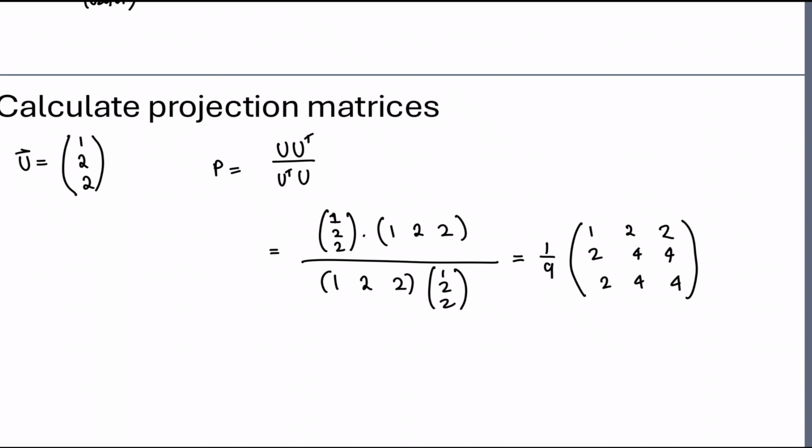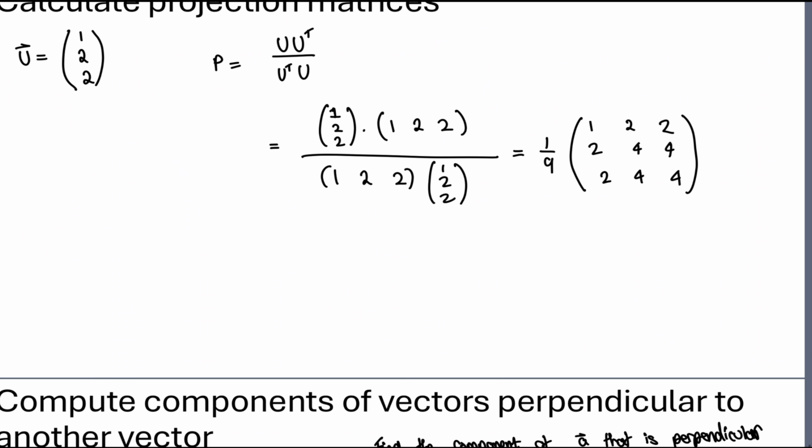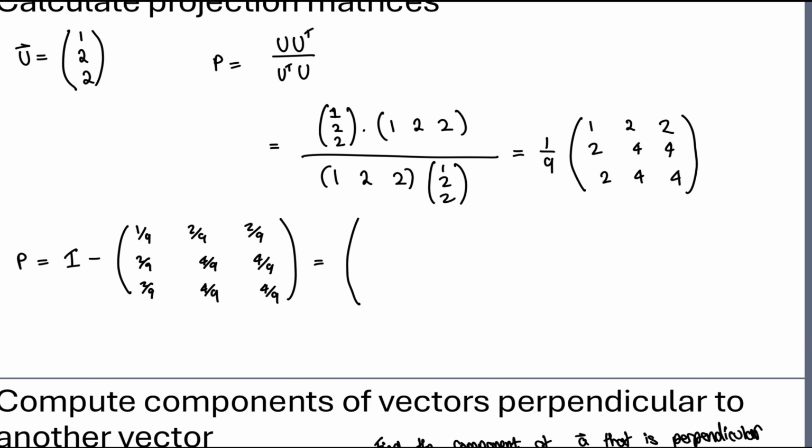If we now want to find the projection matrix onto the plane perpendicular to this vector u, we would have to subtract this matrix from the identity matrix. And so we get this.